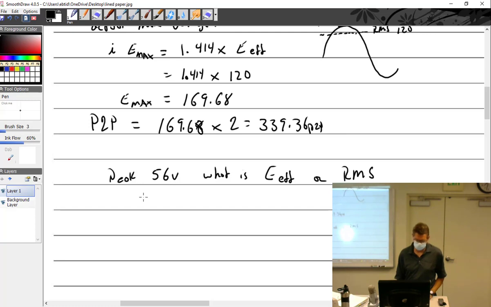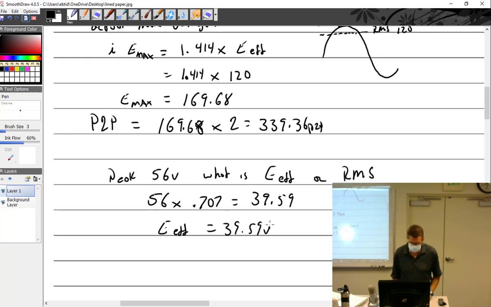How do we get that? So 56 times 0.7071 equals 39.59. So E effective, or RMS, equals 39.59 volts.